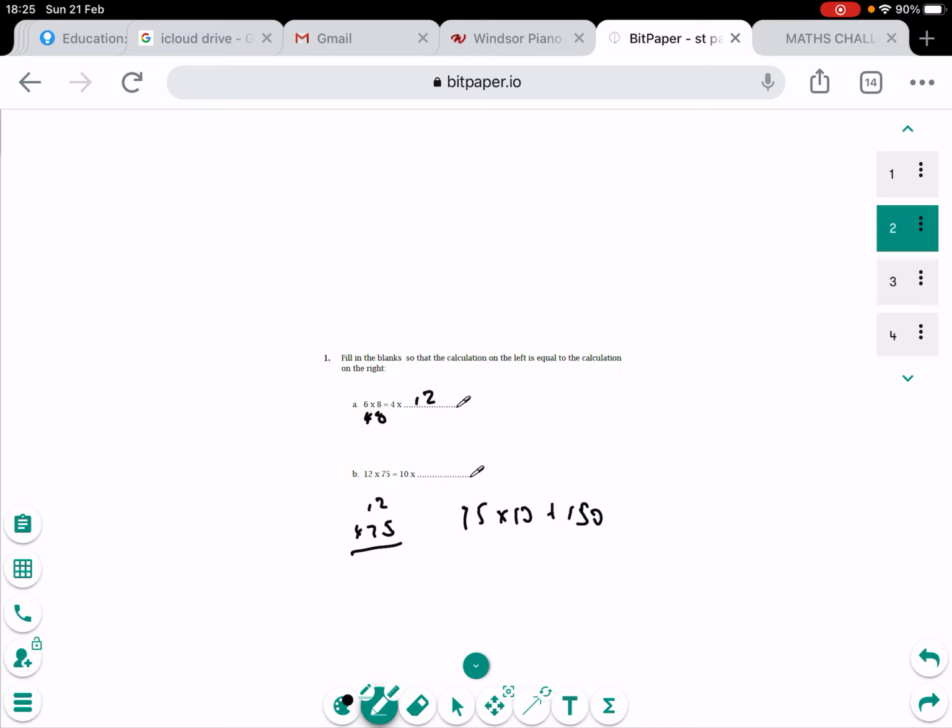So the answer to this is 750 plus 150 equals 900. So that's our answer for question 1A and B.